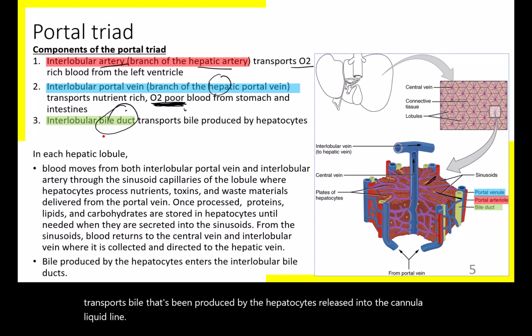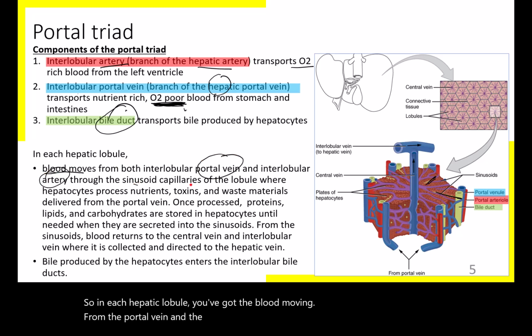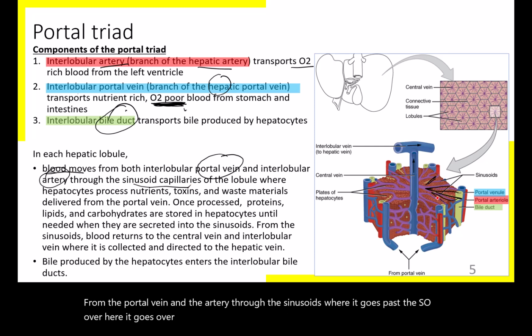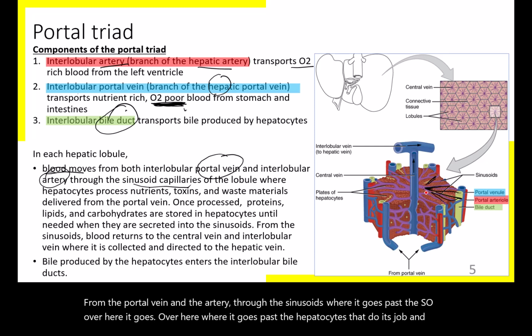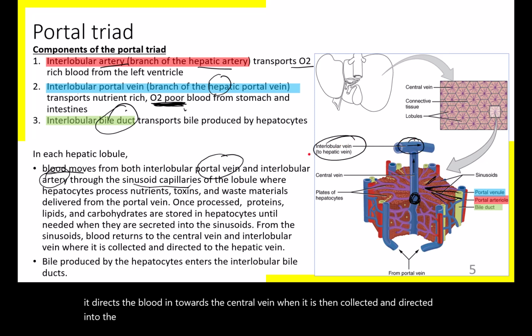So in each hepatic lobule, you've got the blood moving from the portal vein and the artery through the sinusoids, where it goes past the hepatocytes that do their job, and then it directs the blood in towards the central vein, where it is then collected and directed into the interlobular vein, to the hepatic vein, towards the heart.